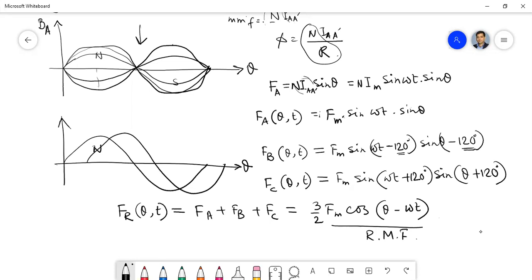Like in one time instant, this is the north pole and this is the south pole. After some time, the pole will be shifted towards right. Then after some time, again the pole will be shifted like this. So that means it is rotating in nature. Clear? So this is how we get the rotating field. I have a very interesting animation for that. I will show you that.